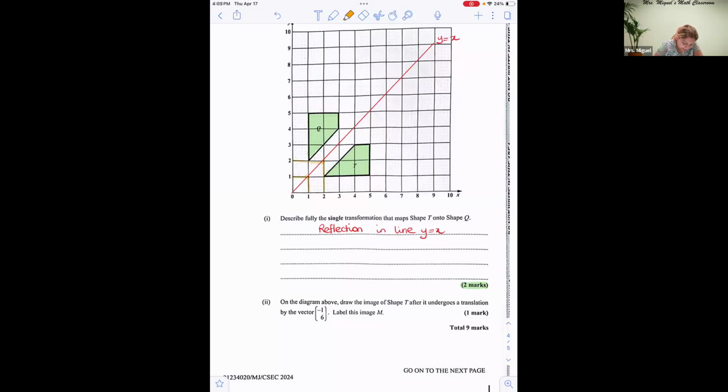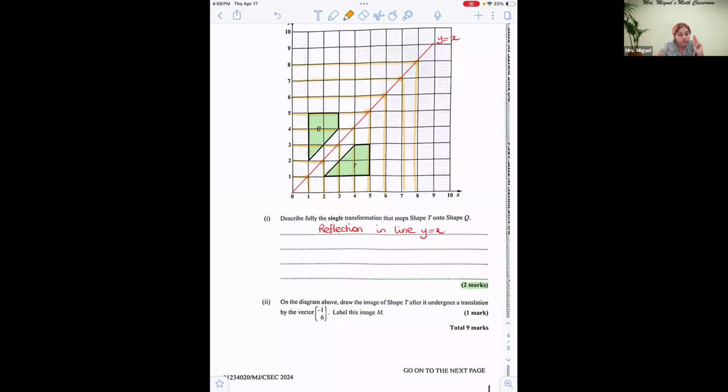This point here, x is 3, y is 3. Here, x is 4, y is 4. This is the line y equal to x. This point here, x is 5, y is 5. This point here, x is 6, y is 6. X is 7, y is 7. X is 8, y is 8. So this is the line y equal to x.